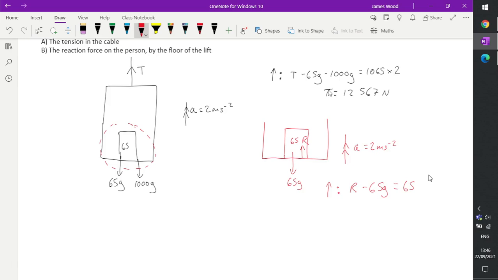It would be equal and opposite. But because we're accelerating upwards, this is 65 times 2. And I can then resolve this to find R. 65 times 2 plus 65 times 9.8, which is 767 newtons. And that's the reaction force from the floor of the lift on the person's feet, pushing them upwards.